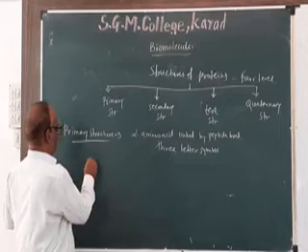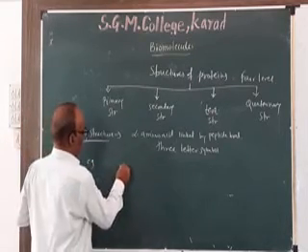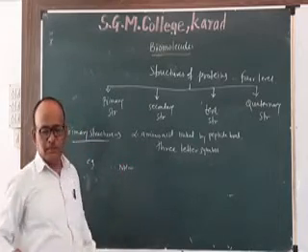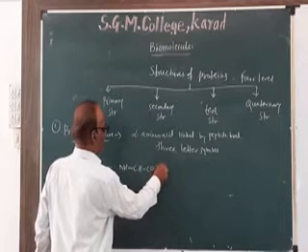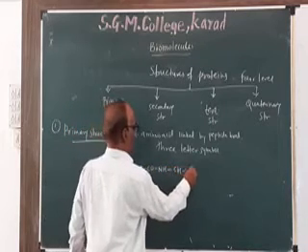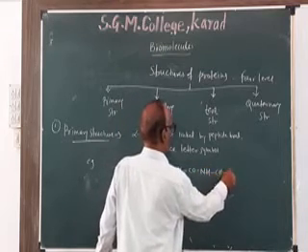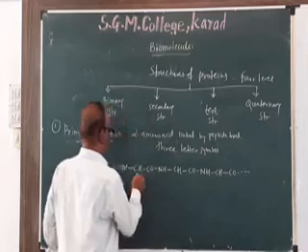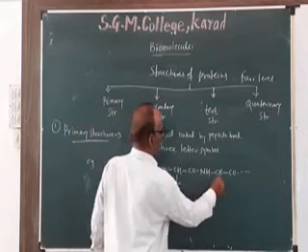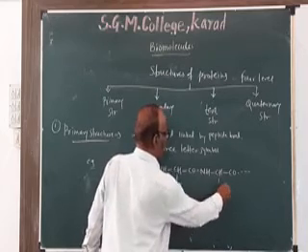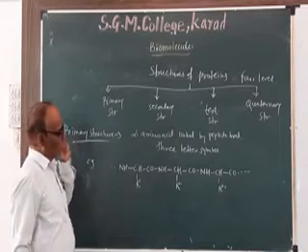For example, in general: NH, CH, CO, NH, CH, CO, NH, CH, CO. Here CH is attached to R, R2, and R3. So this is the general structure of the primary structure of proteins.